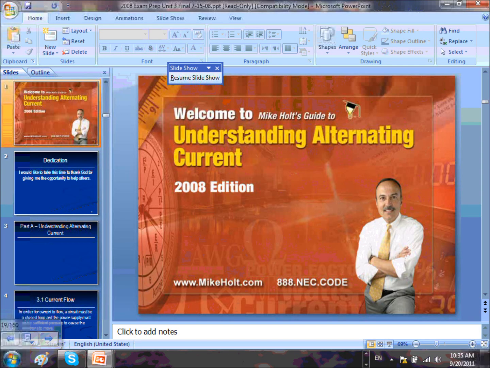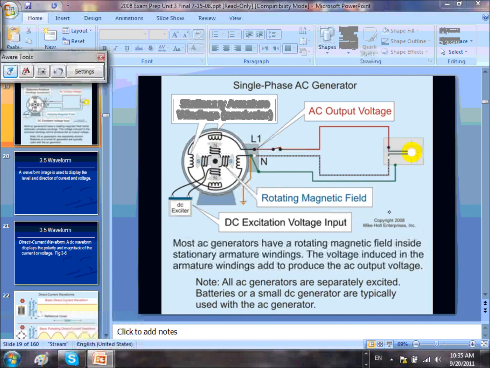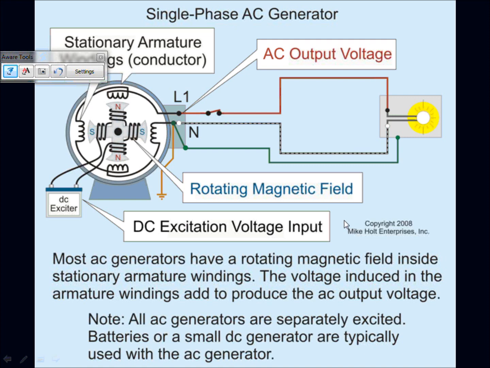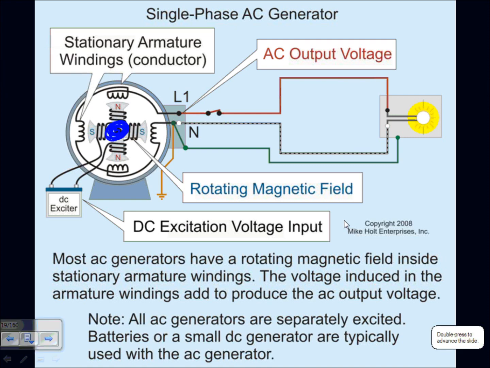You're rotating this alternator, and by putting DC on the alternator, you create a magnetic field here, and by rotating it, you induce voltage into the coil. The minute you induce voltage and tie that voltage across a load, you create a current. Then you have just created an electrical power source.